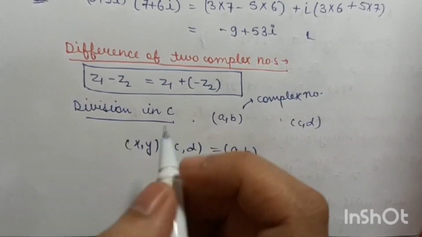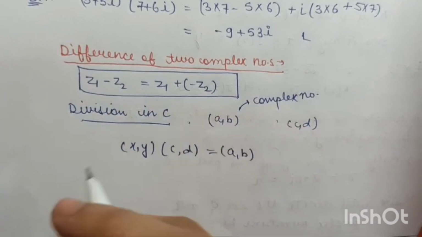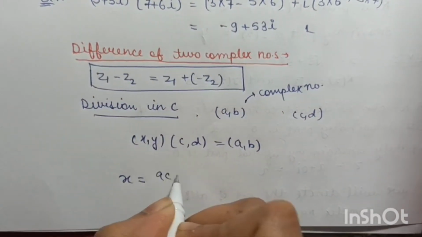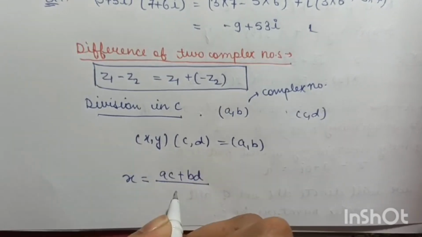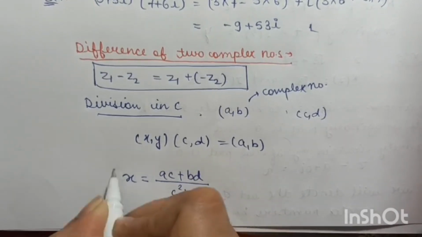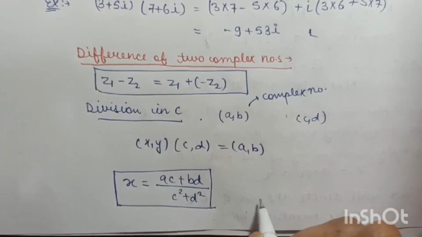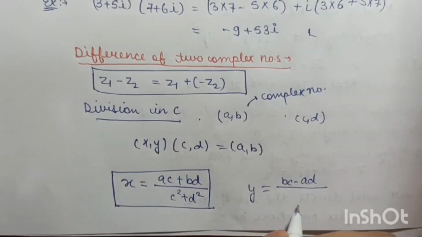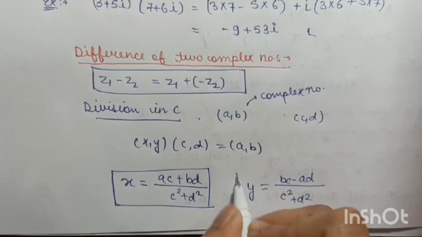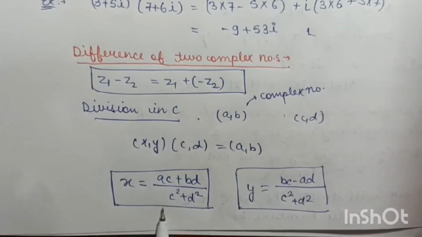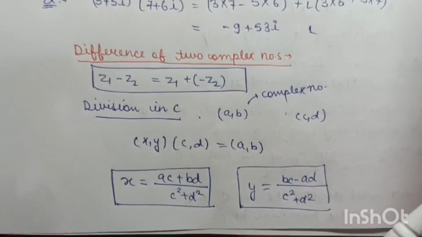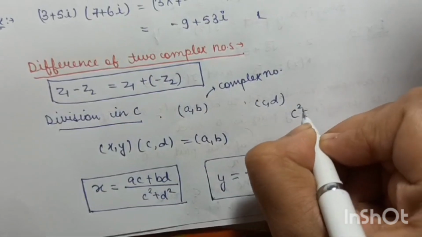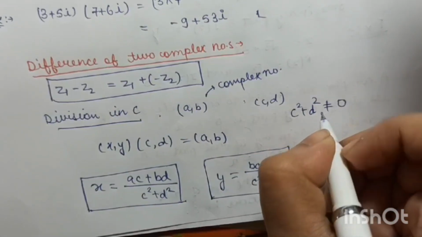I will not give you a proof, I will just write the values that we get: x is equals to (ac plus bd) over (c square plus d square), and y is equals to (bc minus ad) over (c square plus d square), where c square plus d square does not equal 0, which implies that c and d are not both 0.